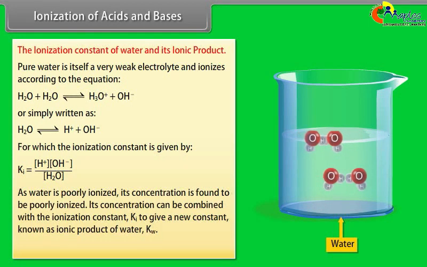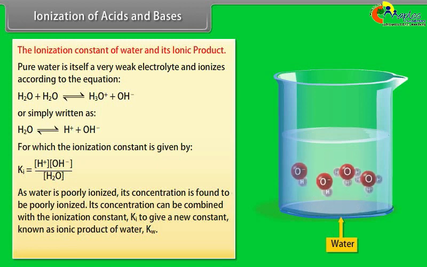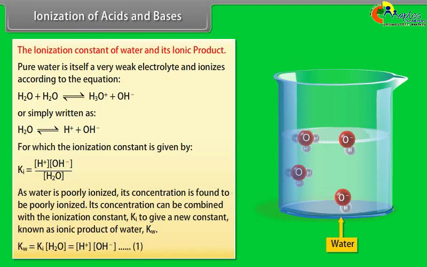As water is poorly ionized, its concentration is essentially constant. Its concentration can be combined with the ionization constant, Ki, to give a new constant, known as ionic product of water, Kw. Name it as equation 1.